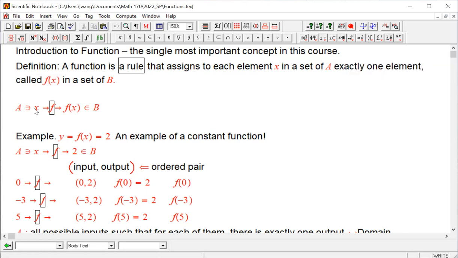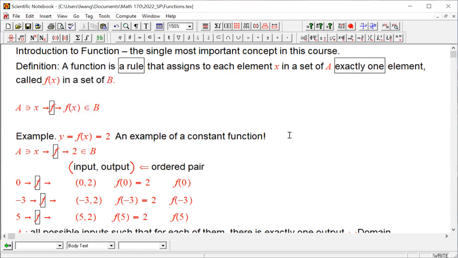So we see there's a set A where the rule applies to each element in that set. And after the application of the rule, it produces for each element, which we call the input, exactly one output. So this word is essential. Exactly one.